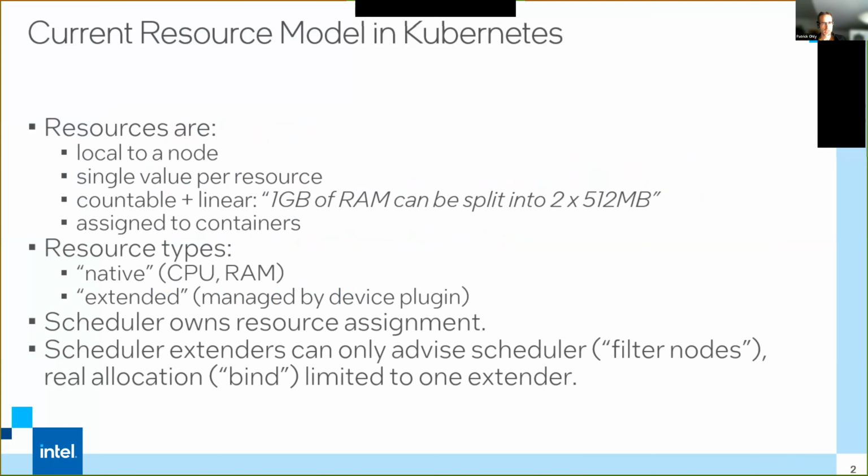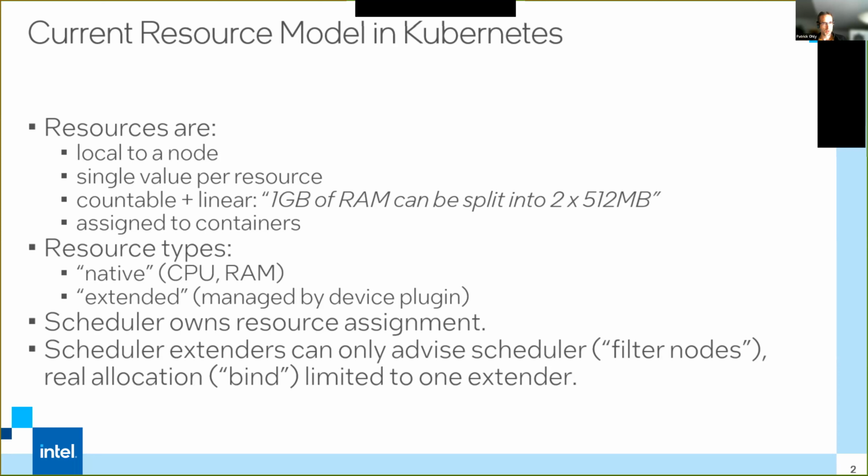It's a simple model of things that are countable and linear. So kubelet and scheduler can make assumptions about how it can split up some resource, and resources are specified in the pod spec as something that belongs to containers. That already probably becomes a problem for you when you're talking about network resources, a network card, because that is something that is shared between containers.